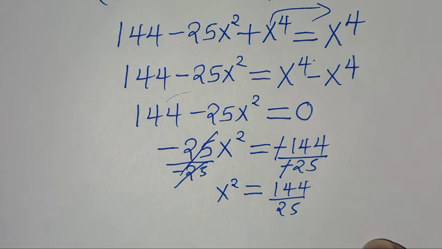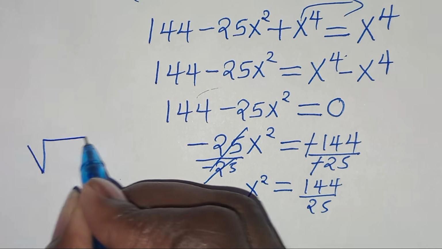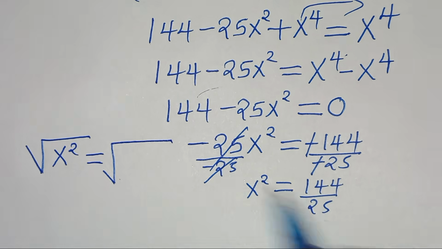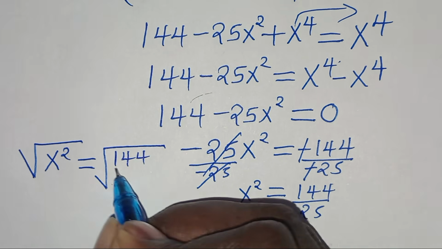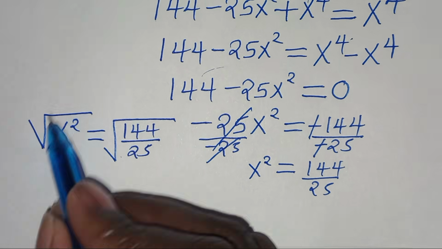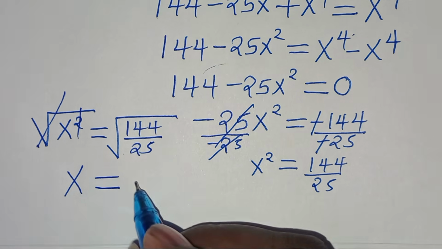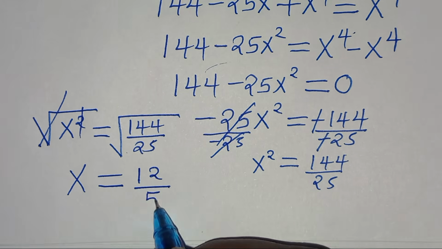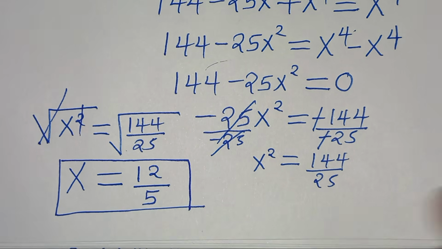To solve for x here, we introduce square root on both sides, so that we have the square root of x to the power of 2. This is equal to square root of 144 divided by 25. And this implies that x is equal to square root of 144, this is 12, divided by square root of 25, which is 5. So the value of x is equal to 12 over 5.